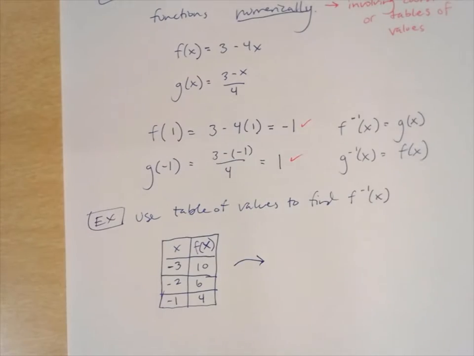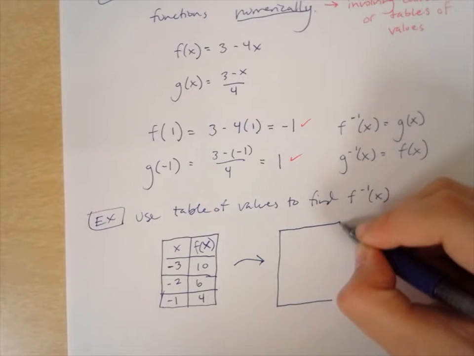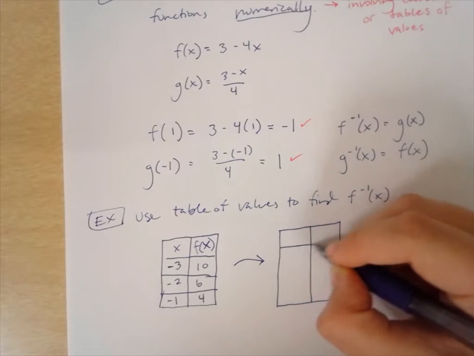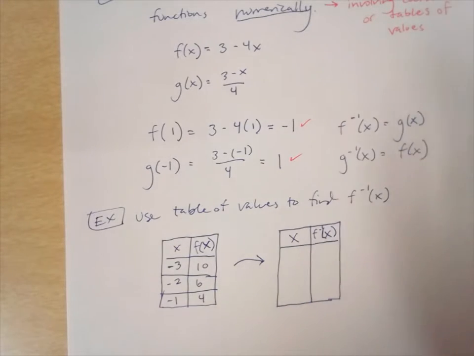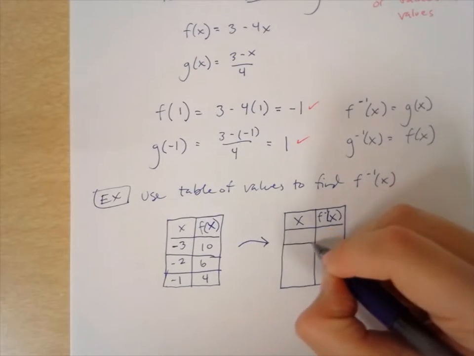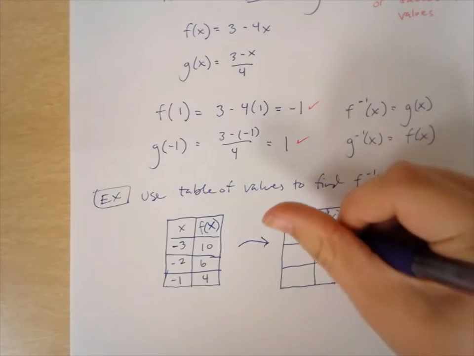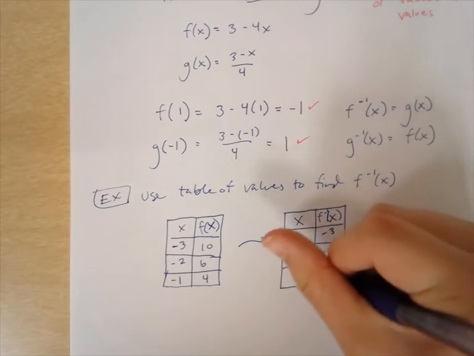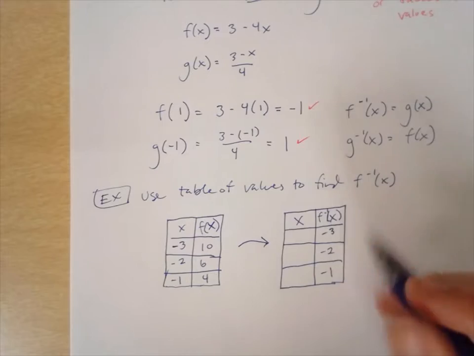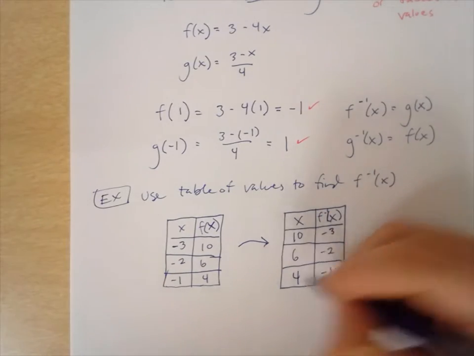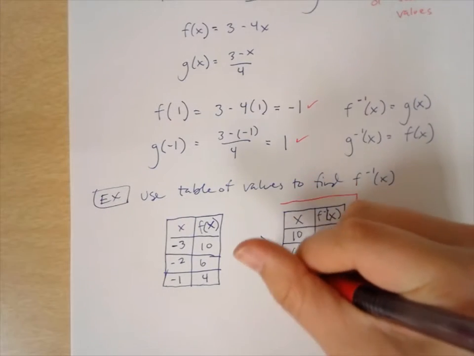Well then, if I'm looking for f to the negative 1 of x, all of my x's and my y's should switch. So, we can create this table by taking my x values from my first table and putting them in for my y's: -3, -2, -1. And my f of x values would now be my x's. So I would get 10, 6, and 4. And this would be the answer to that question.